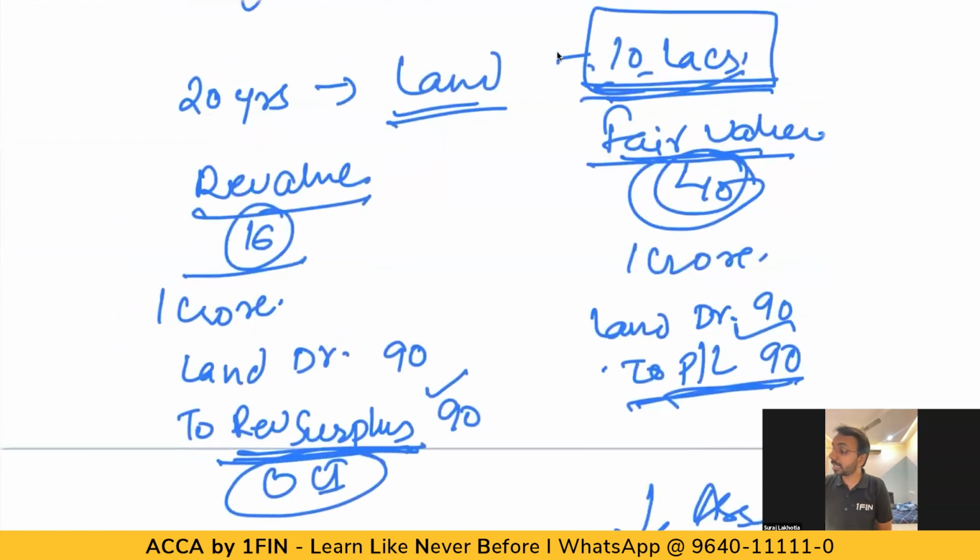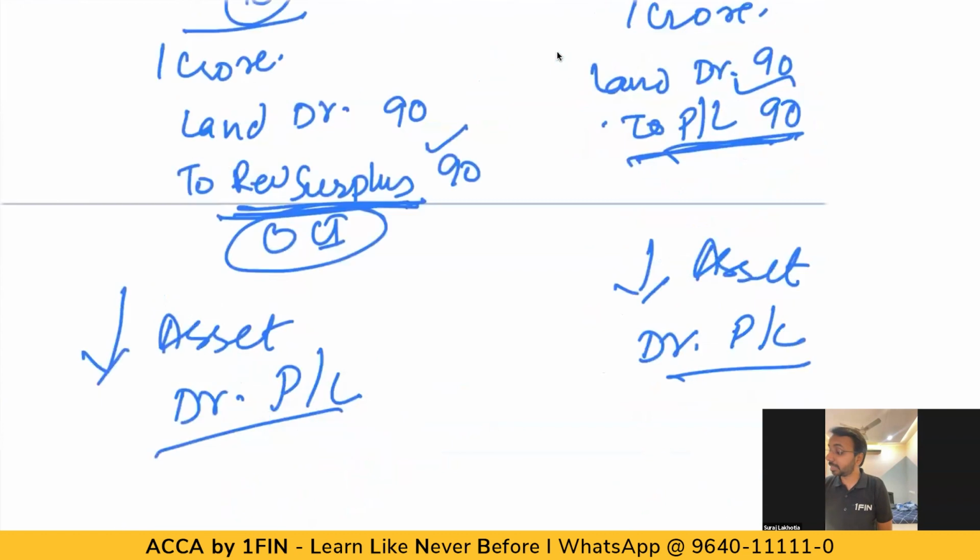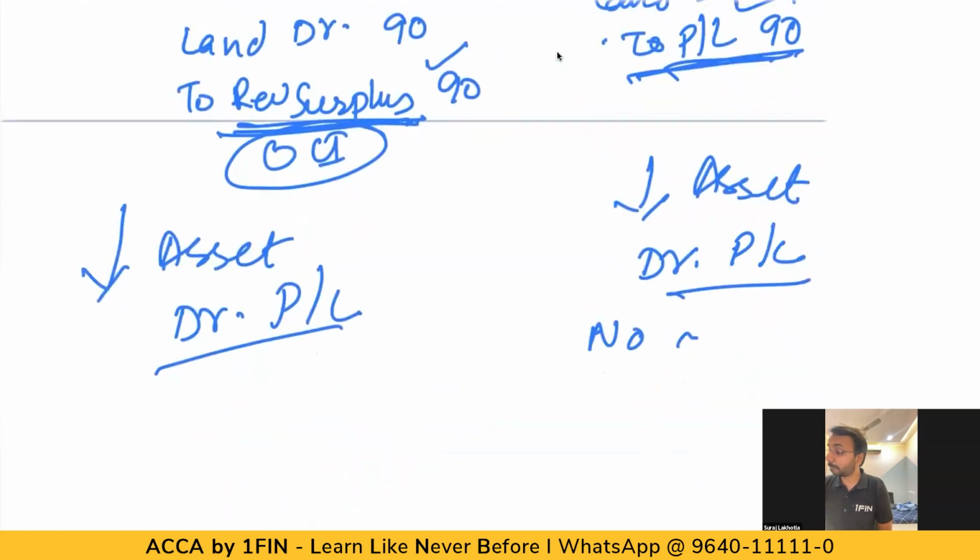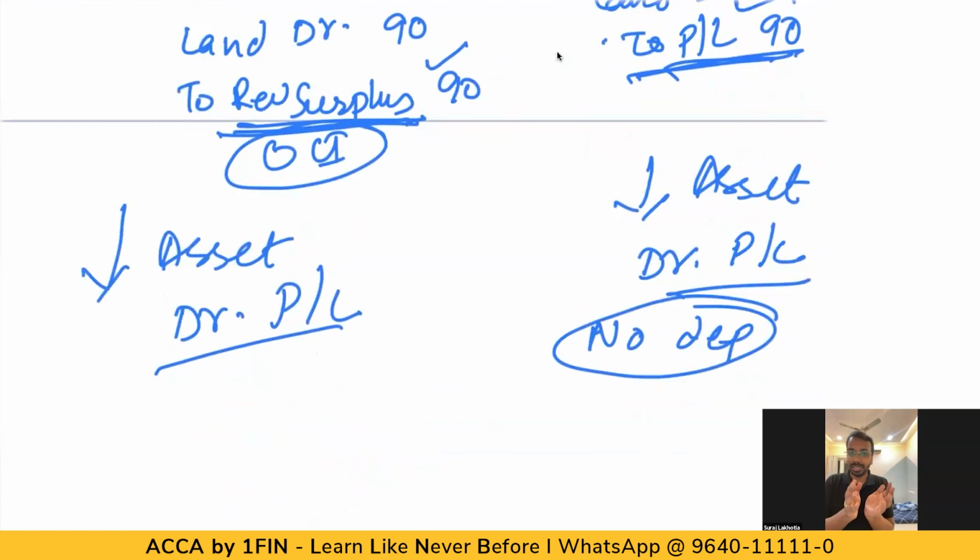And one very important thing is, if you are following the fair value model, the gain or loss on fair value is taken to P&L and hence there is no depreciation. There is no depreciation if you are following fair value model for investment property. If you are following cost model, there will be depreciation. Okay, so this is a broad overview of how we account for PPE and investment property.